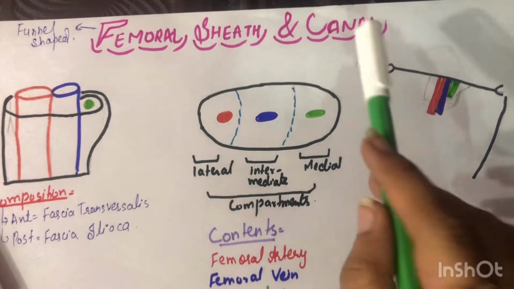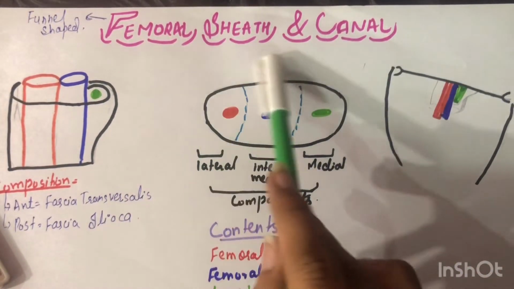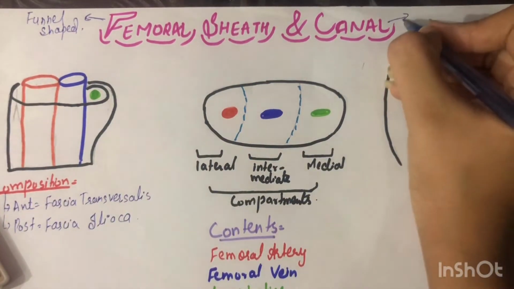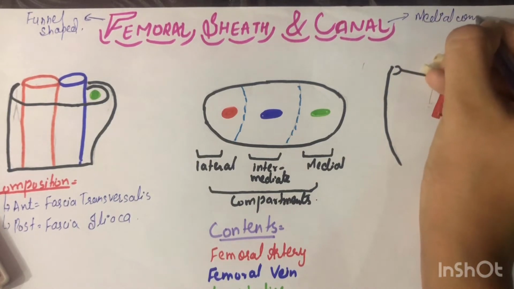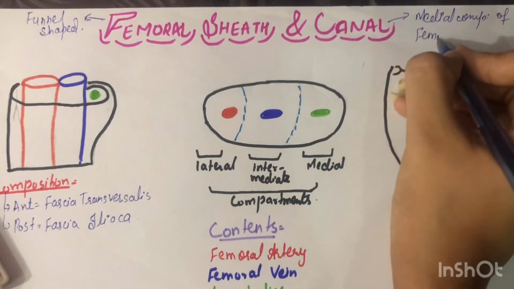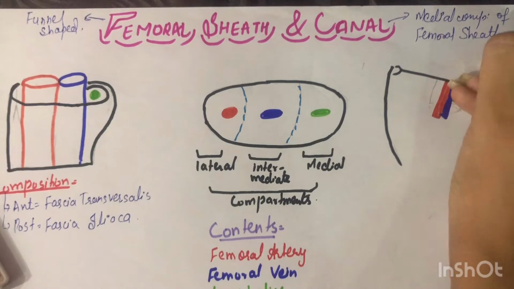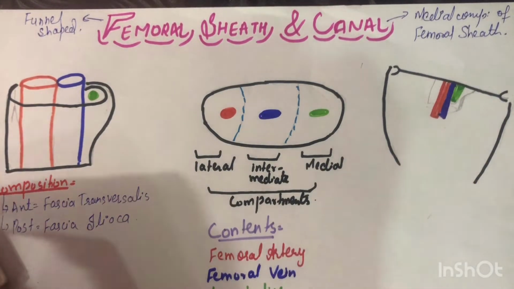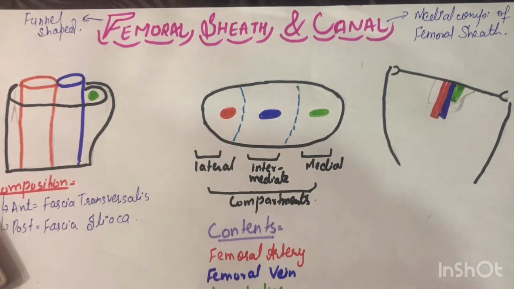Now the femoral canal is basically nothing but the medial compartment of the femoral sheath. So let me write here, it is the medial compartment of the femoral sheath, right? Now let's draw the femoral sheath here.